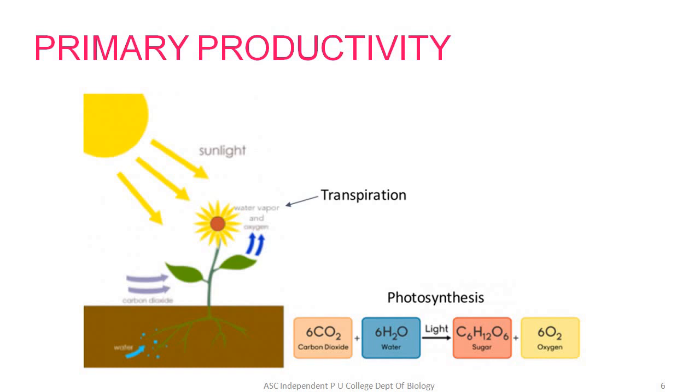Here we see there is formation of biomass or organic matter, and it is formed by the producers. Hence we use the term primary productivity. So primary productivity refers to the amount of biomass or organic matter produced per unit area over a time period by plants during photosynthesis.